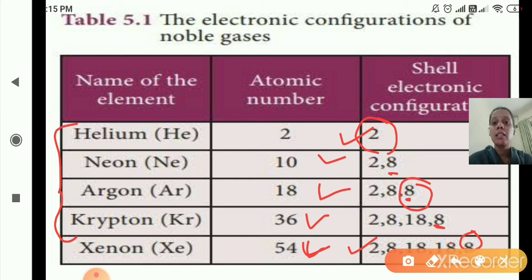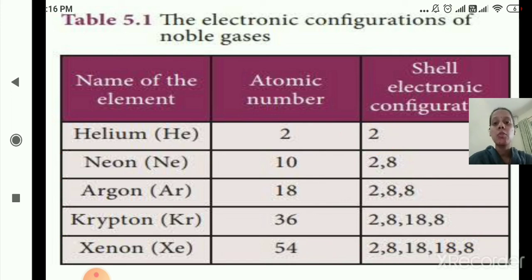So gases like helium, neon, argon, krypton and xenon have valency 0 because their electron duplet or electron octet is completed. The last shell is completely filled. So they are not taking electrons or losing electrons. So they have an electron octet, or valency 0.